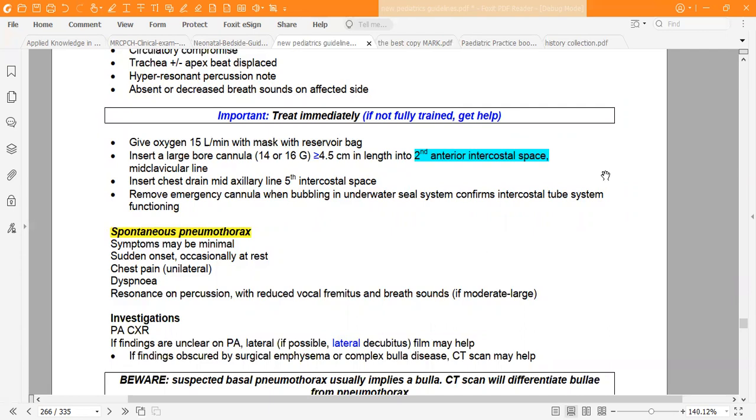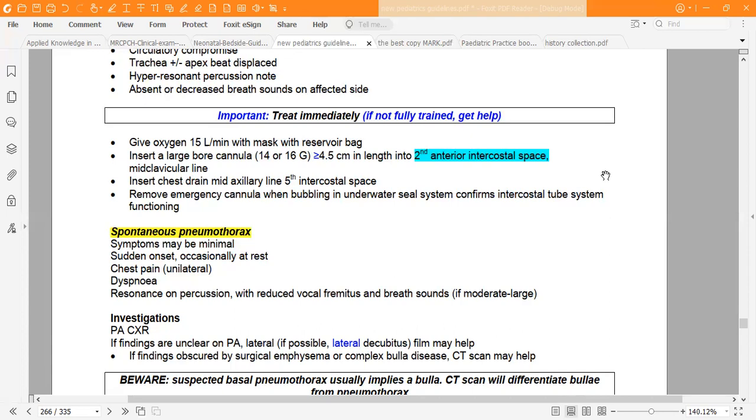Insert chest drain in the mid-axillary line in the fifth intercostal space. Remove emergency cannula when bubbling in underwater seal system. Confirm intercostal tube system functioning.